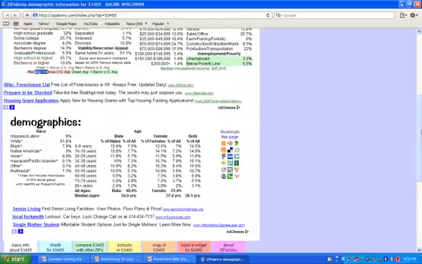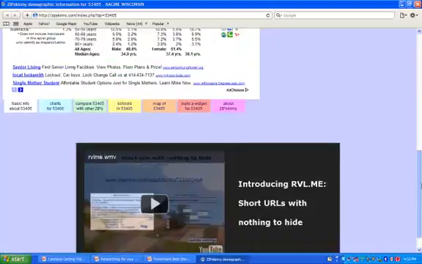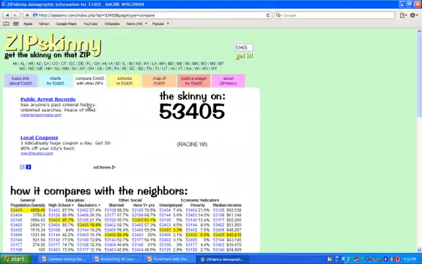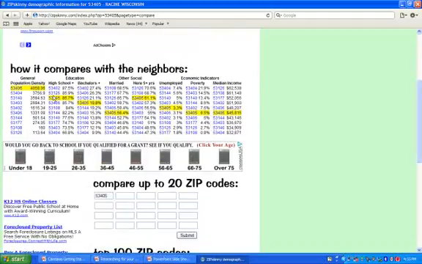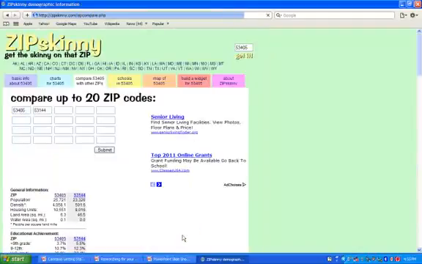Here under the actual demographics piece, this is telling you what the ethnic backgrounds are, what's the age group breakdown. And now I can compare it with other zip codes in the area. Or I could say, well, let's see how different it is compared to the location of Gateway's Kenosha campus. And so I put the 53144 zip code in, and I can get a comparison.